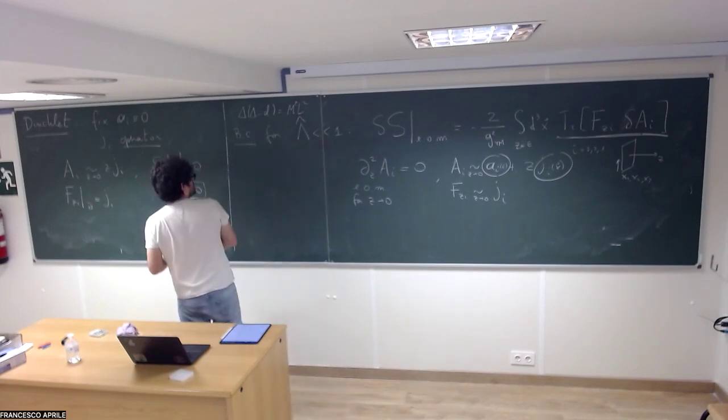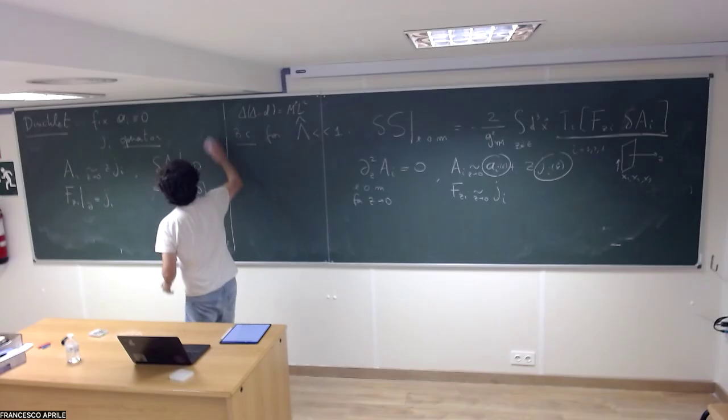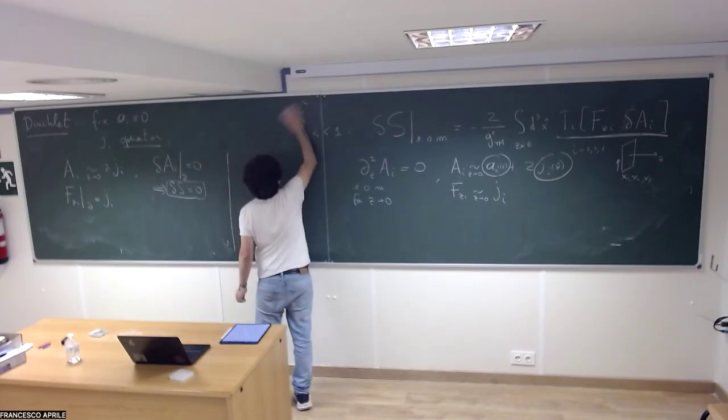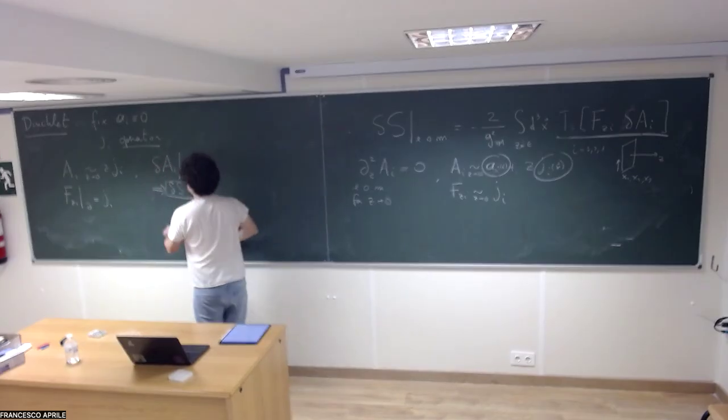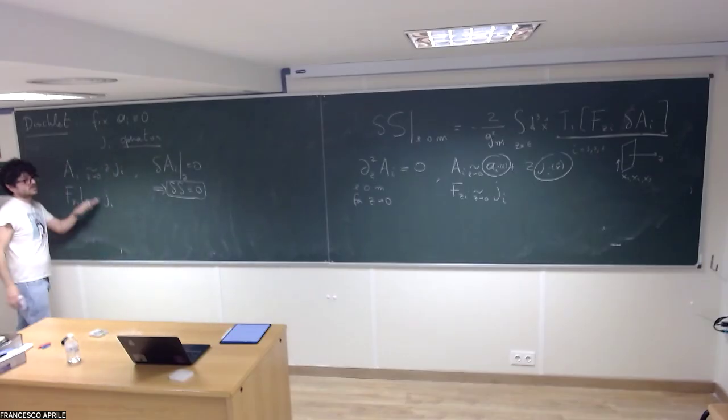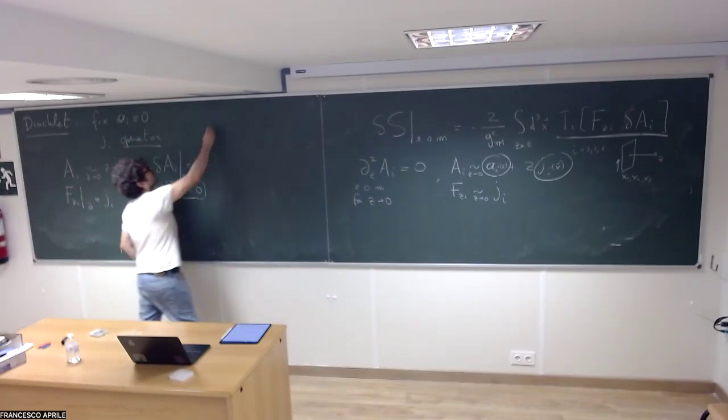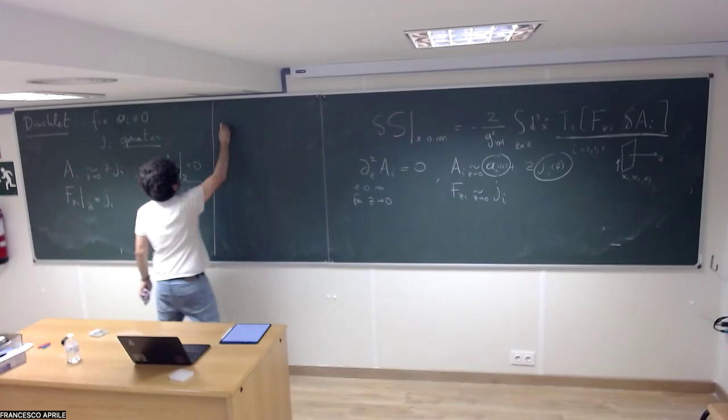Then the other possibility, another natural possibility, is to do the opposite, right? Is to set F_zi to 0 and leave A_i free, what is called the Neumann boundary condition.